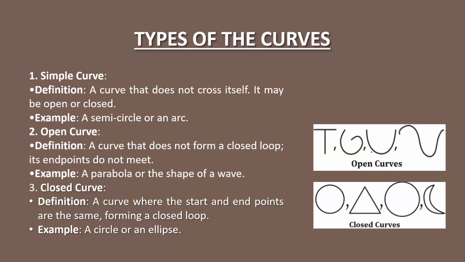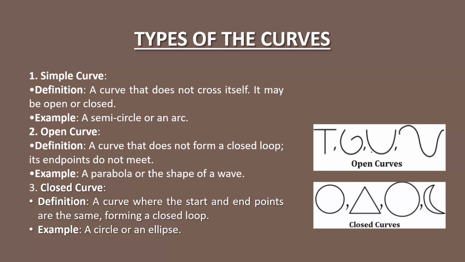Here you can see the starting and ending points are the same, meeting each other, and a closed figure is formed. But under closed curves, the curve shouldn't form a perfect angle. So the triangle in the given figure is not a closed curve. Make sure of that.